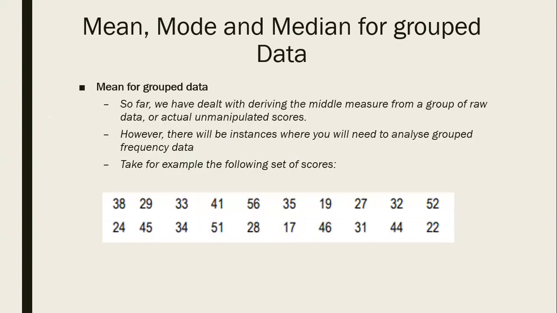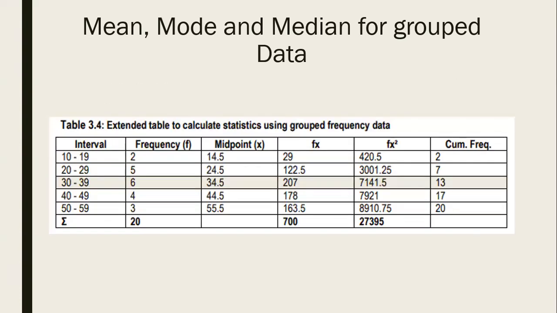But now when you want to calculate the mean, mode, and median, there are extra columns that you must put. You must put a column for midpoint, a column of fx squared, and cumulative frequency. So let me explain how you calculate the midpoint and the fx squared.